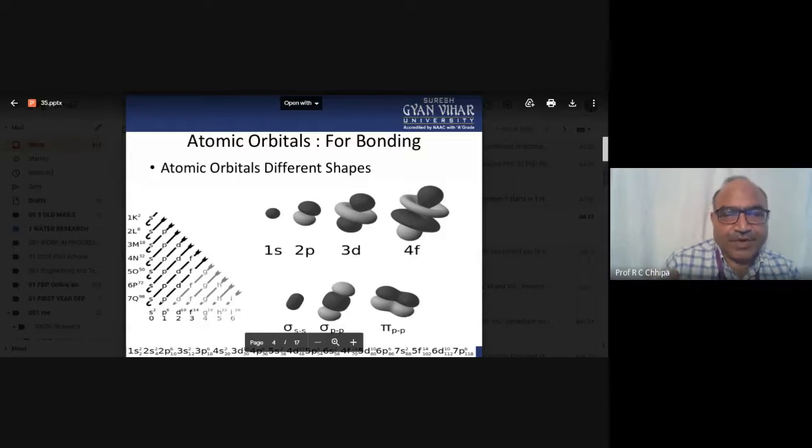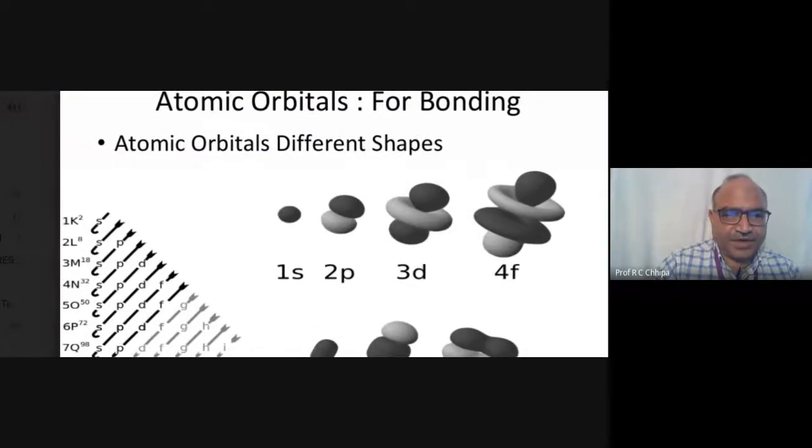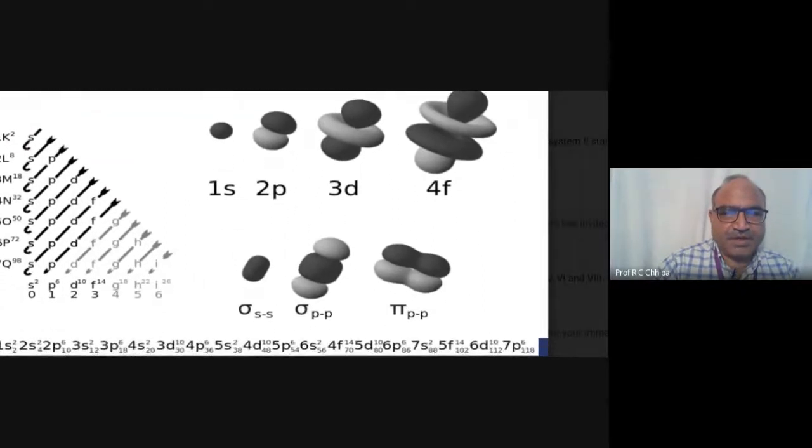If 4f electrons are there, there may be a designed dimension. Simple, spherical, that is the S. So 1s, 2s, 3s, these are the most relevant. Now we can say atomic orbitals have different shapes: 1s, 2p, 3p, 3d, 4f.